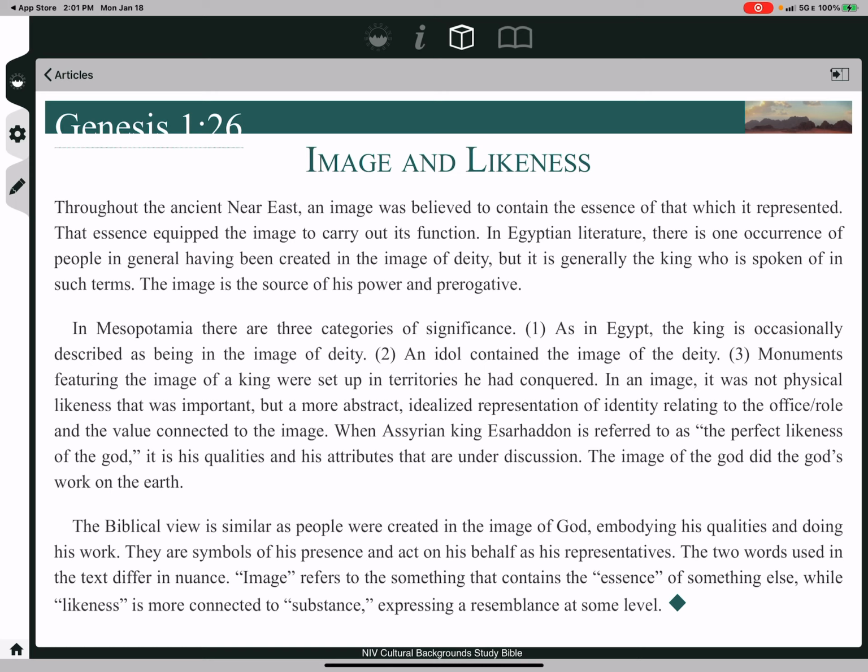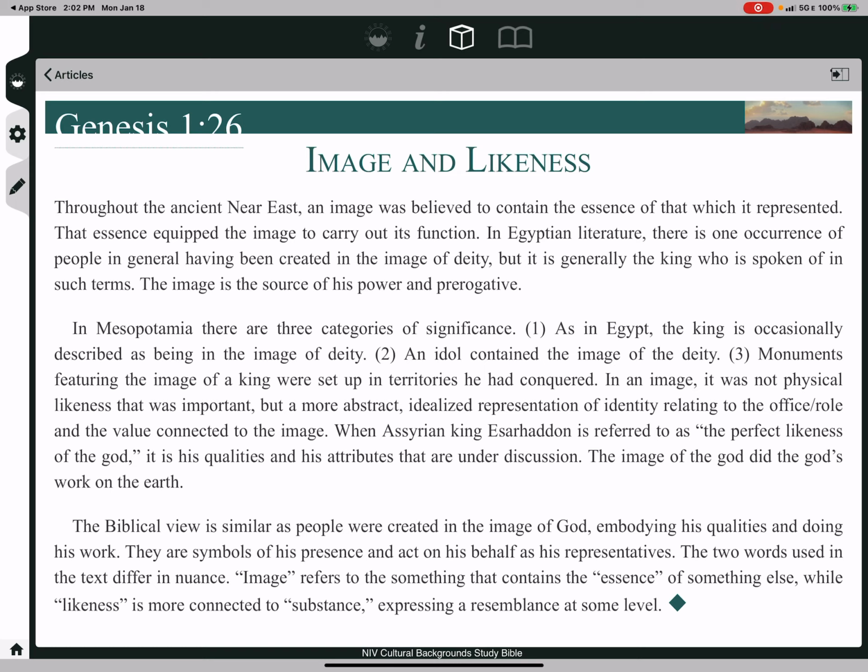The image is the source of his power and prerogative. So this is giving you an ancient background to the word image and how it is biblically used. It is not just a picture or a drawing.